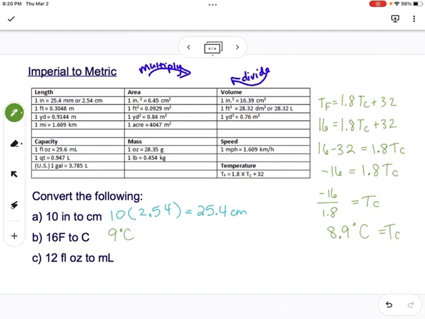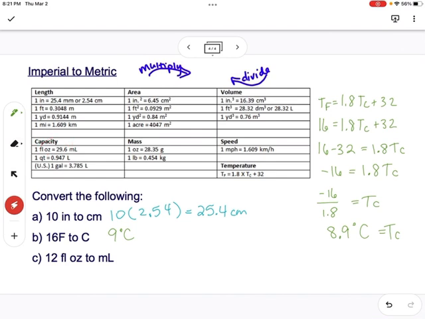Last question here, 12 fluid ounces to milliliters. So looking at our chart, we have fluid ounces to milliliters right here. Moving from fluid ounces to milliliters, going left to right is multiplying.